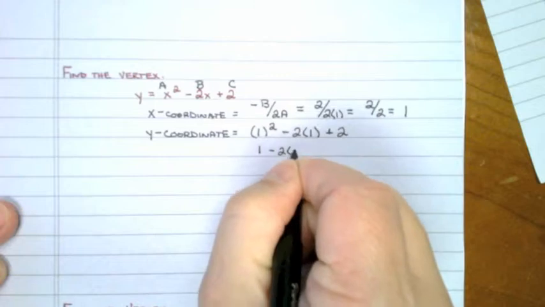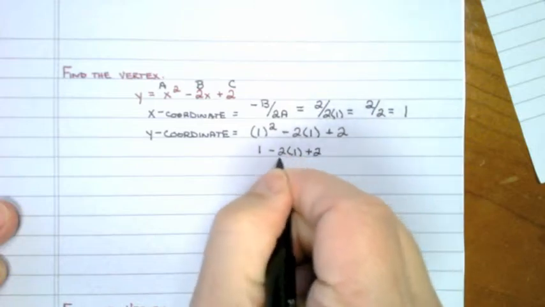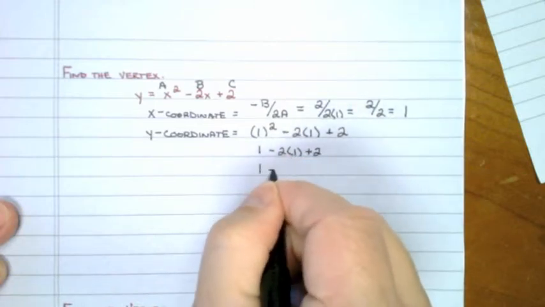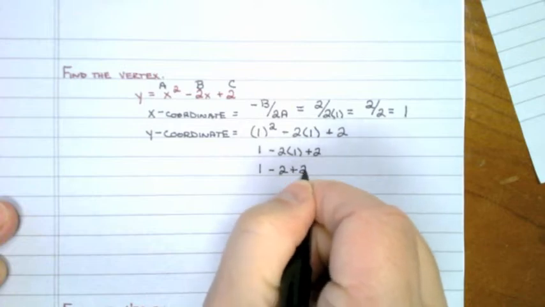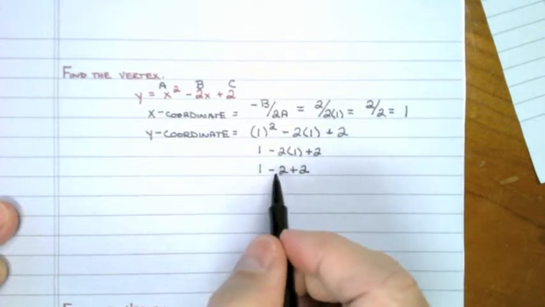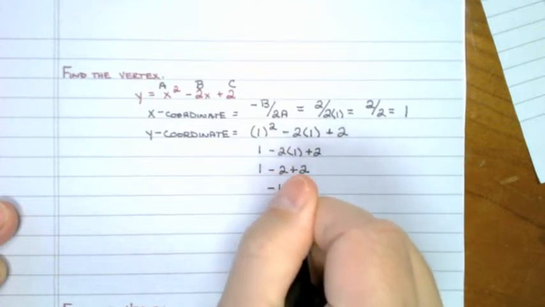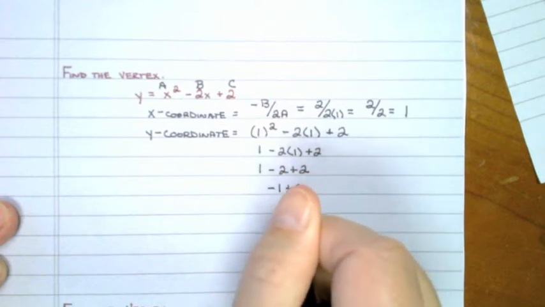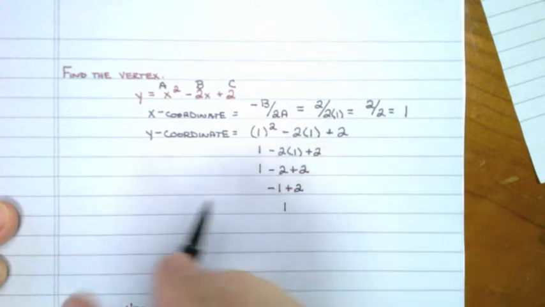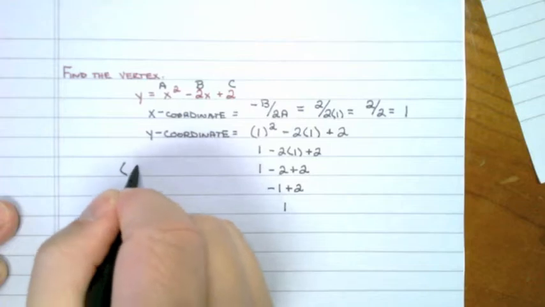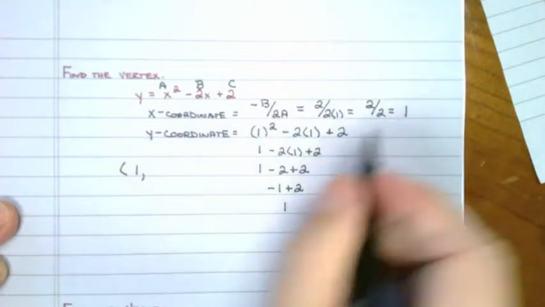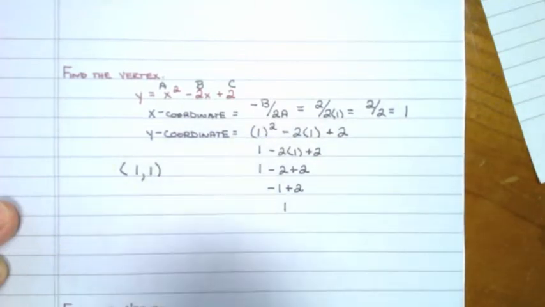Then I'm going to do my multiplying. Negative 2 times 1 is negative 2. 1 minus 2, negative 1, plus 2 is 1. So my vertex for this problem is 1. That's my x-coordinate, and my y-coordinate is 1. That's how you find the vertex.